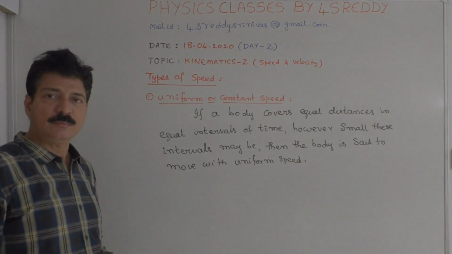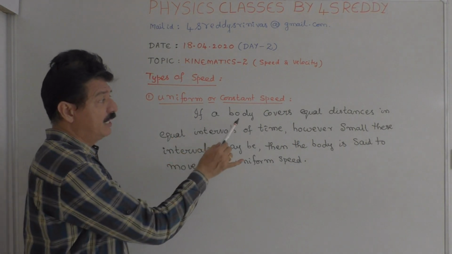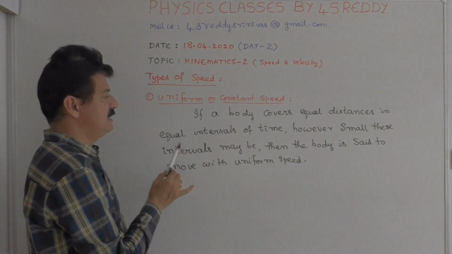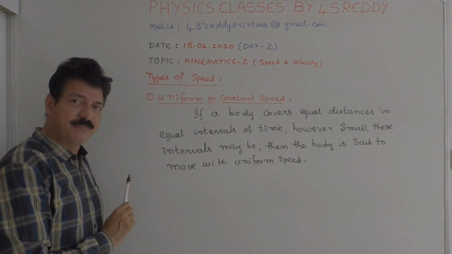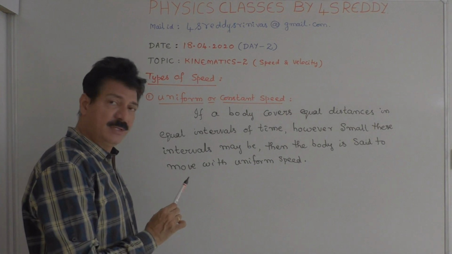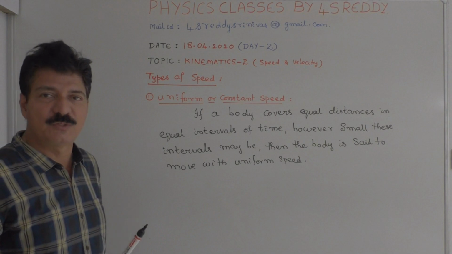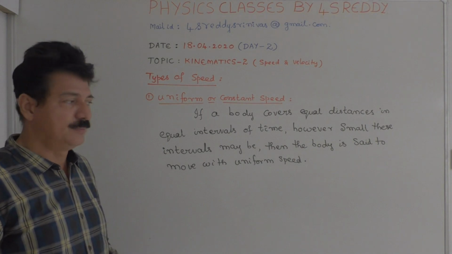So, the definition for uniform or constant speed means if a body covers equal distances in equal intervals of time, however small these intervals may be, then the body is said to move with uniform speed or constant speed.